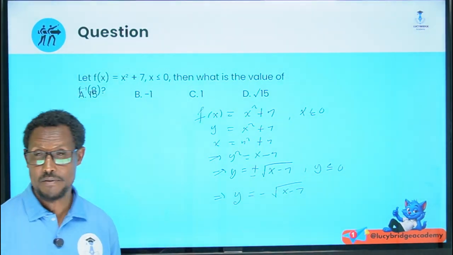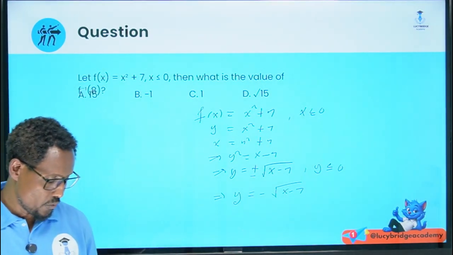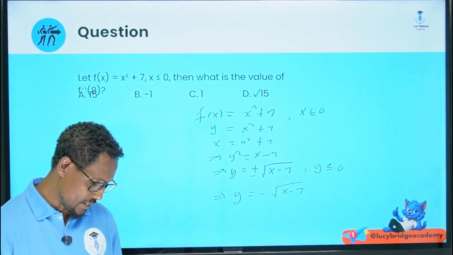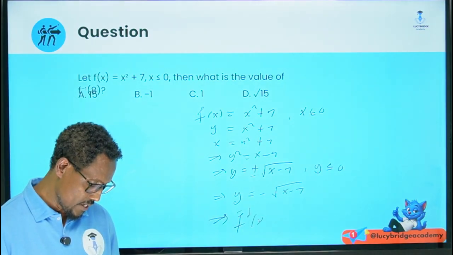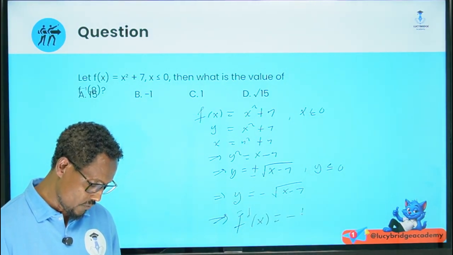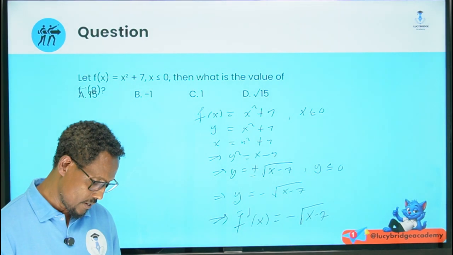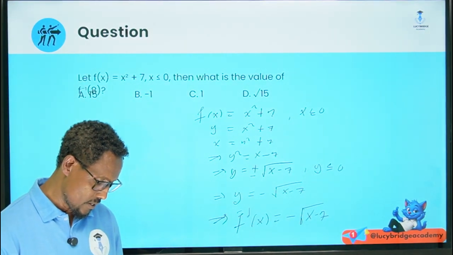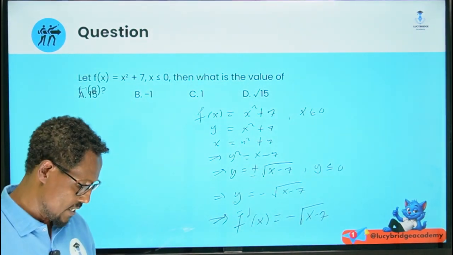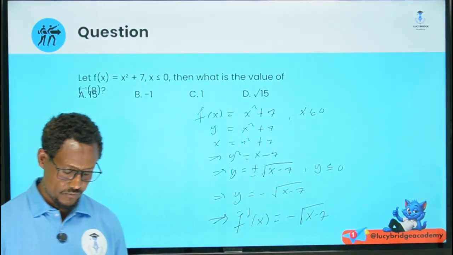The value of y is less than 0 means we take the negative part. This implies f inverse of x is equal to minus the square root of x minus 7. This is the inverse of the given function.